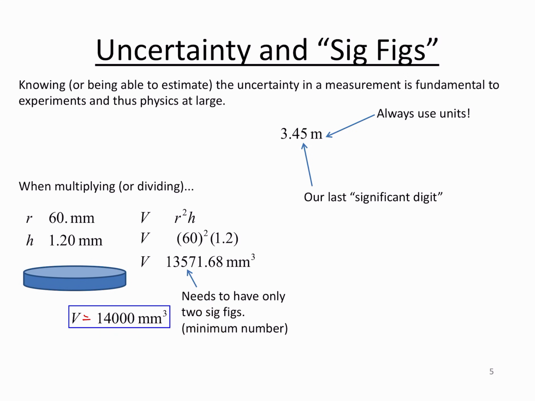So, least precise number. Now, when you're adding or subtracting, the situation is much the same. You're still being constrained by the least precise thing, but there's a little bit of a wrinkle. So, say we're dealing with these 2 numbers right here, and we are subtracting them.